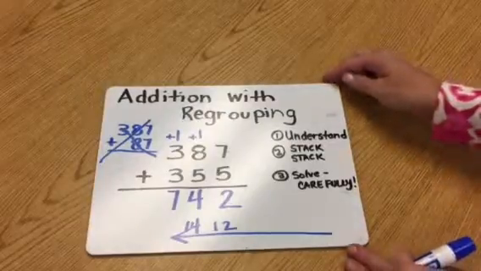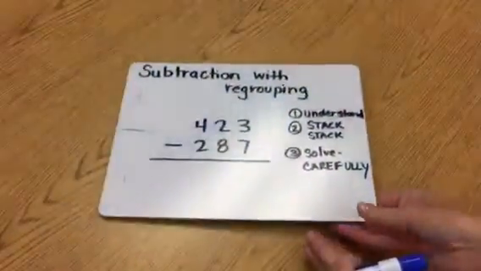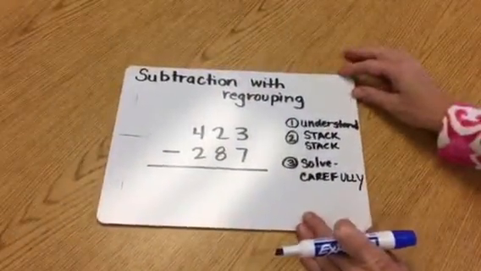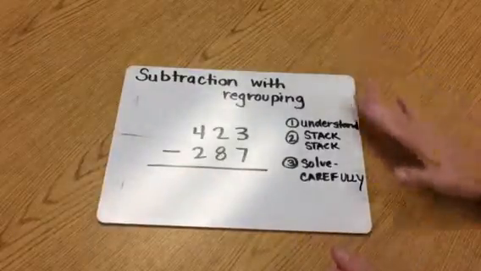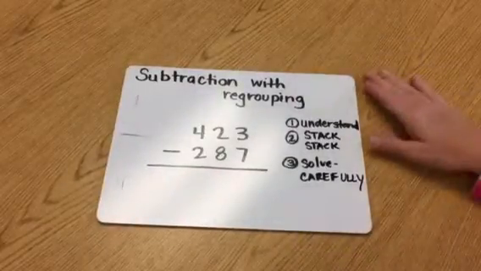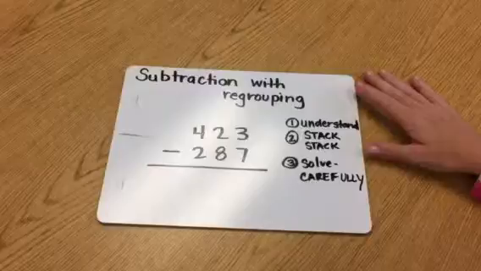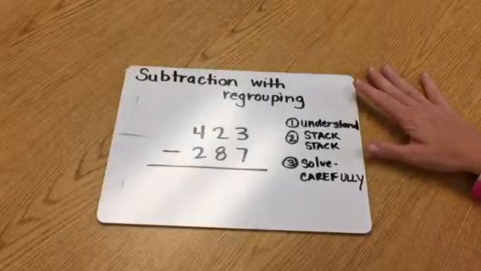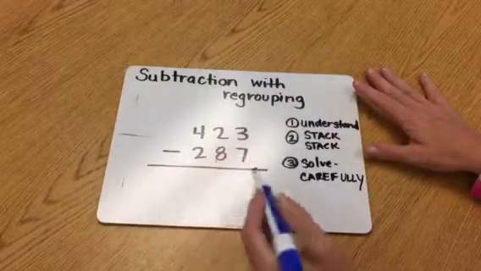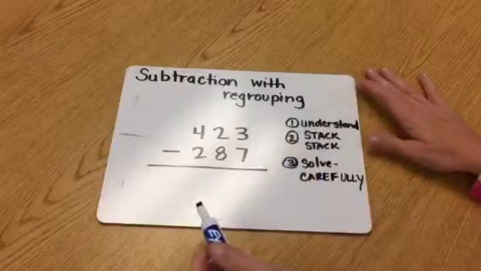And I'm going to show you the strategy for subtraction with regrouping, which I use the same 3 strategies for them to understand what they're working on, and then the regrouping is just slightly different. So I want them to understand the problem.